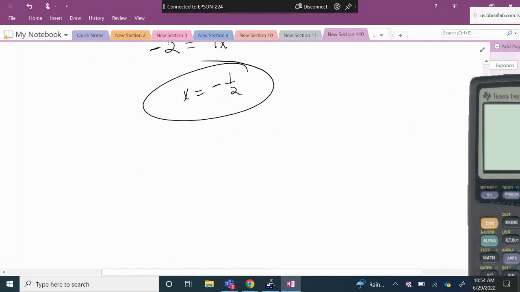All right, let's take a look at, okay, I have a couple more. Seven raised to the 4y minus 2 power is equal to 343.